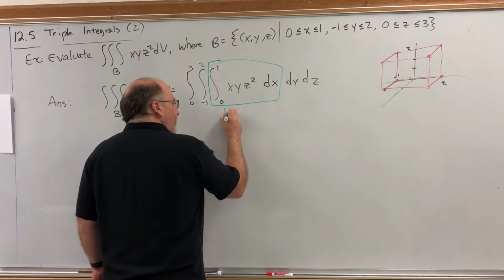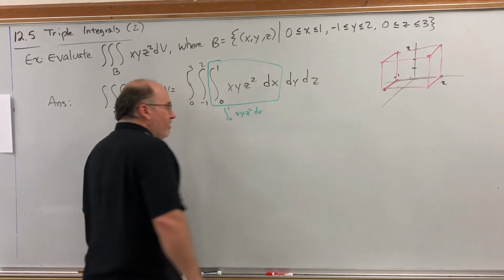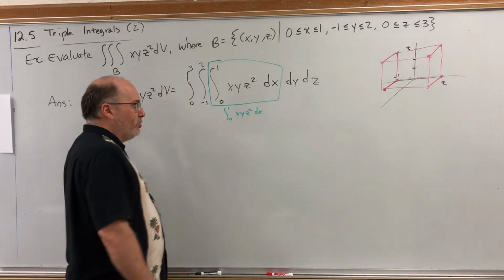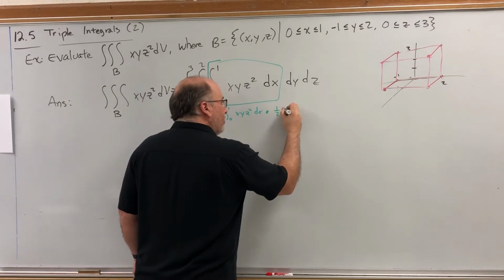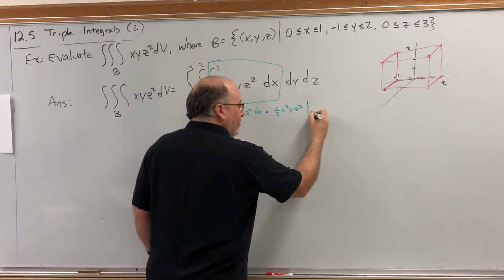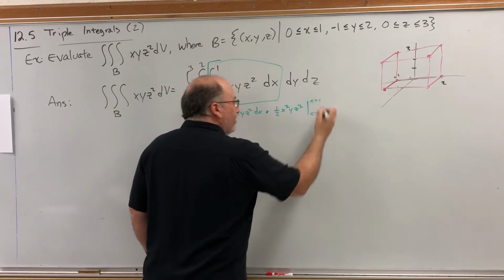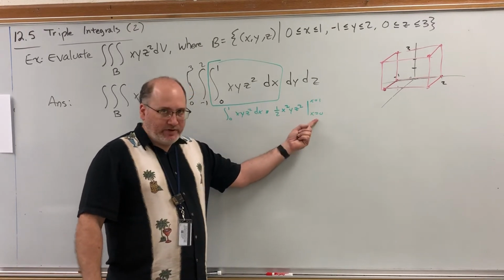So if we integrated from 0 to 1, xyz squared dx, the y and the z are being held constant, so we just integrate the x. The integral of x is 1/2 x squared. The y and the z squared are constant. We're evaluating from x equals 0 to x equals 1. I personally think it's important to write x equals on both of these limits of integration.